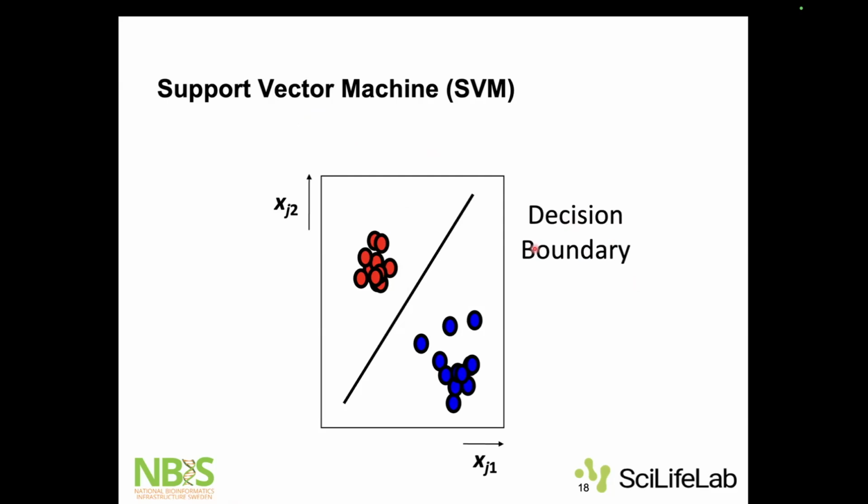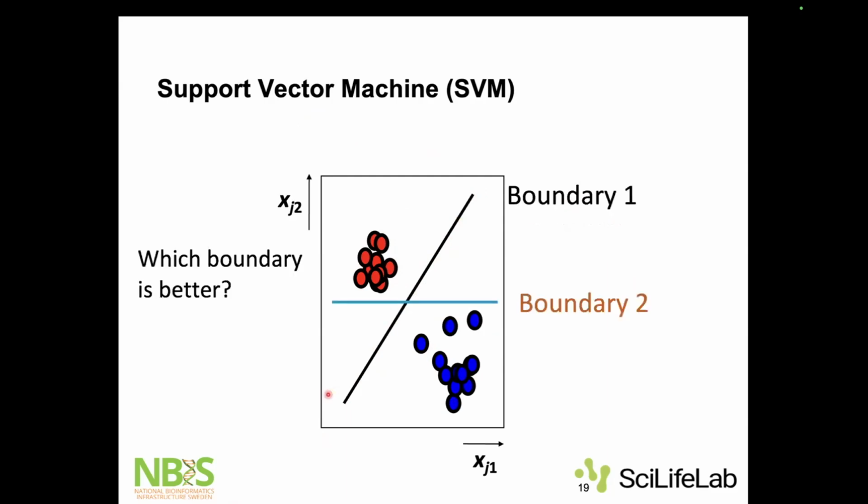To describe how it works, just like before, we have these blue and red points, and we want to describe this decision boundary here. We can also have this boundary here, which still doesn't make any mistake, right? It will still be able to divide these two groups without any error.